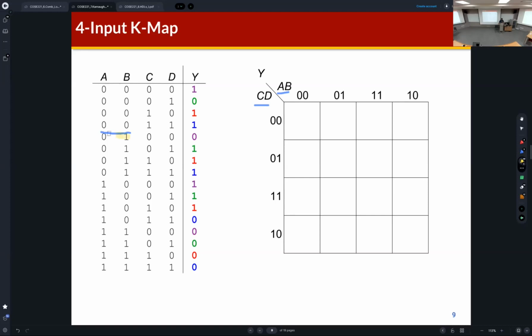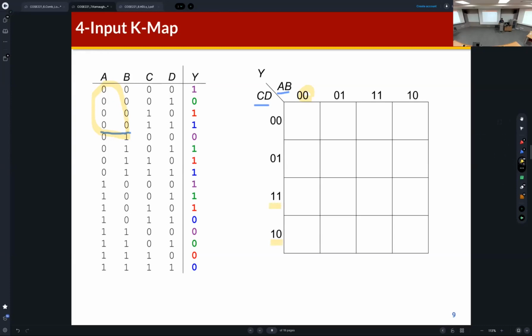Then you can write the output value Y in each element of the Karnaugh map. 0, 0 is here, and the order of CD is 0, 0, 0, 1, 1, 1, 1, 0.